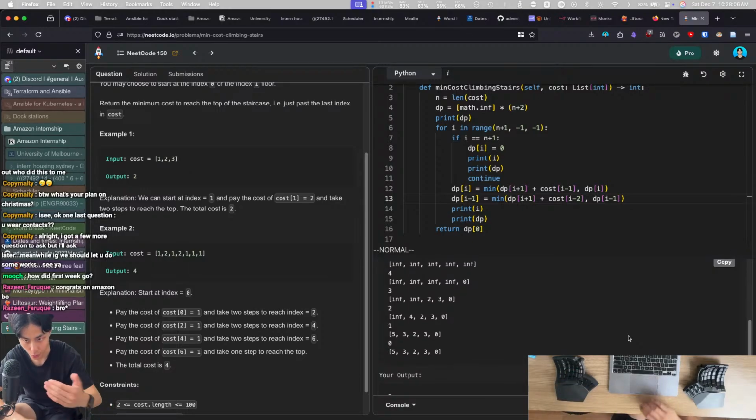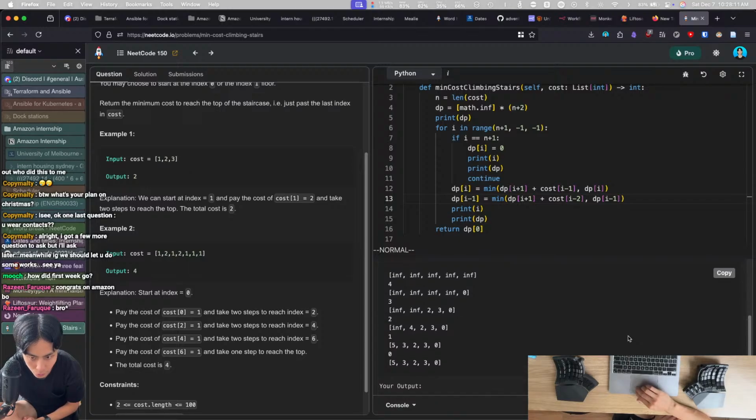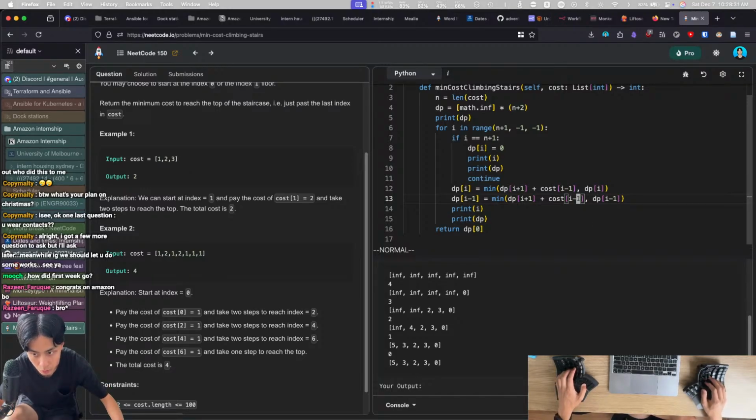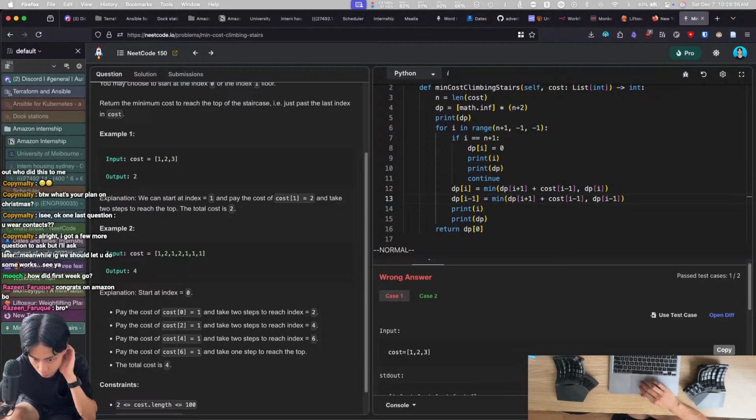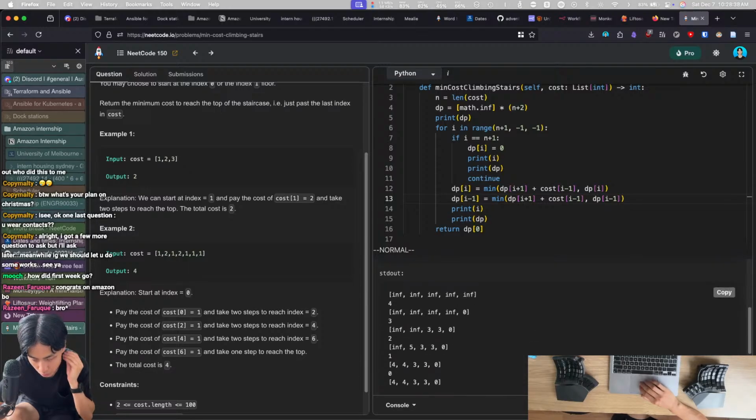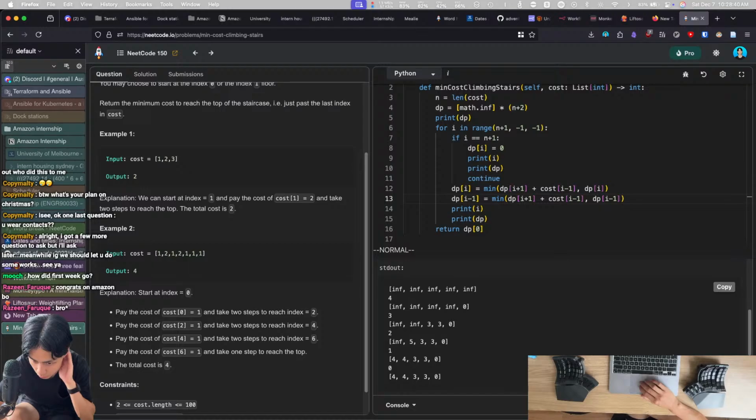So when you reach 0, start with 0, you know, you can get 3 and 2. Well, technically for the I, we only care about it from I minus 1. 3 and 3. 4 and 4.